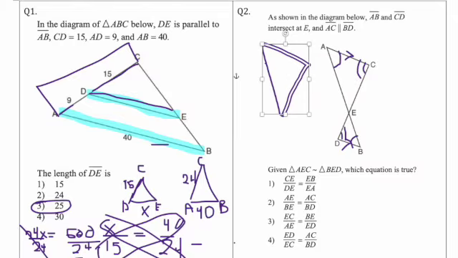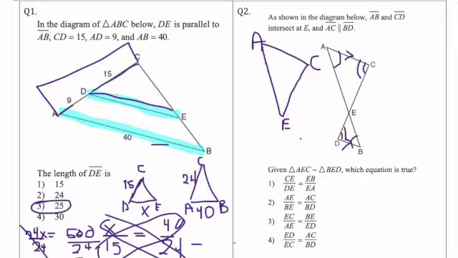Okay, so I have one triangle that is A, C, and E. And my little triangle I'm actually going to turn around just so you can see that, my longer side.